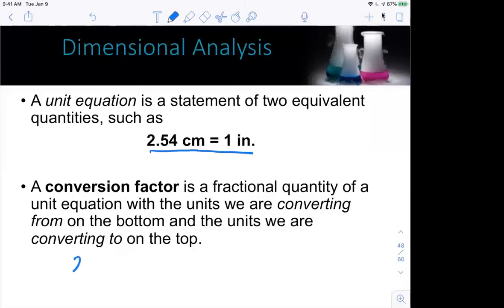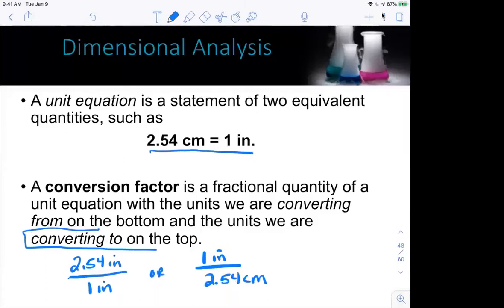So I could have 2.54 centimeters over 1 inch, or I could have 1 inch over 2.54 centimeters. And notice I'm going to include the units. The units we are converting from are always on the bottom, and the units we are converting to are on the top. And that makes sense if you think about the factor label method.